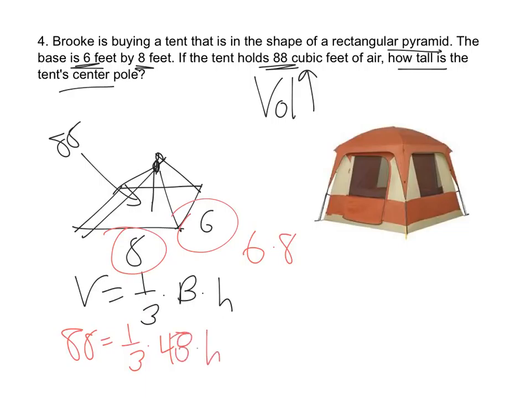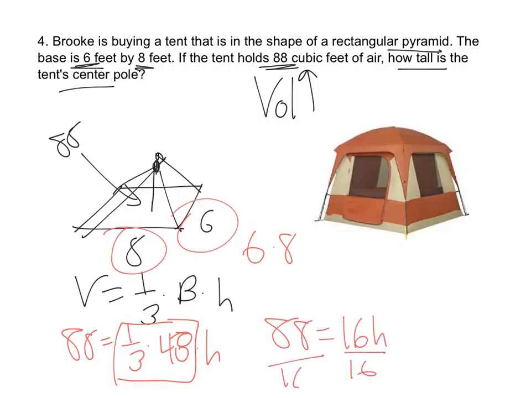Now there are a couple different ways you can do this. I like to put together 48 and 1/3. 48 can be divided by 3, so I'm going to get 88 equals 16 times h. So then it's an algebra problem. Divide by 16, and you're going to get 5.5. So that tent stake is 5.5 feet high.